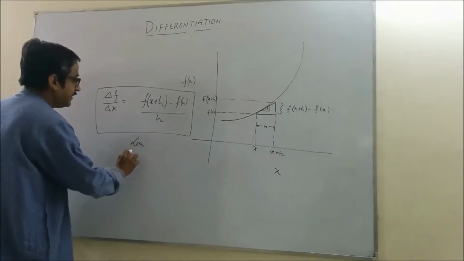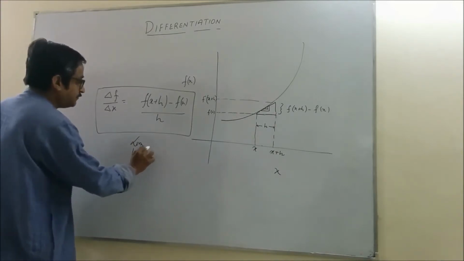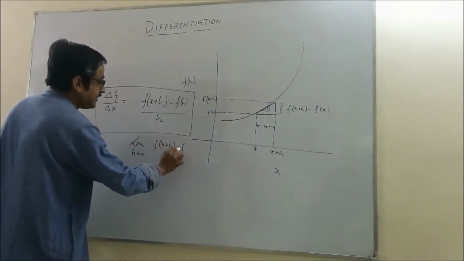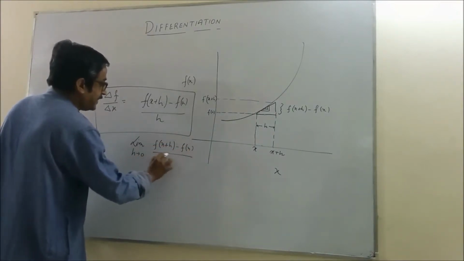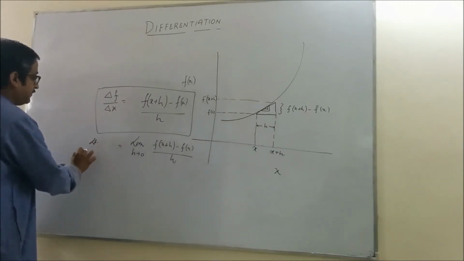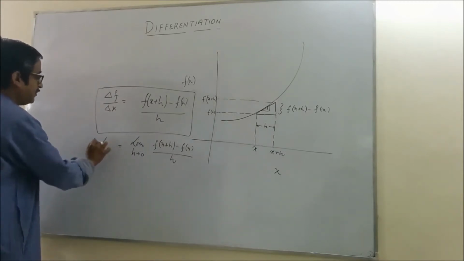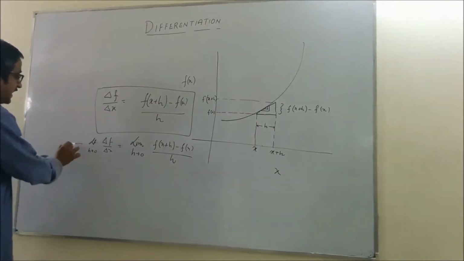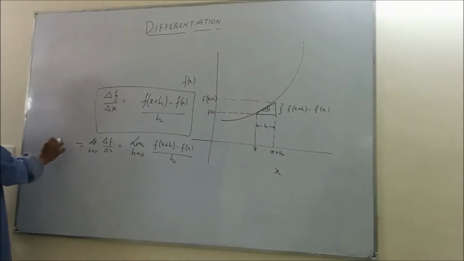Limit h tends to 0, f at x plus h minus f at x by h. Limit h tends to 0, delta f, delta x. And that is nothing else but the derivative.